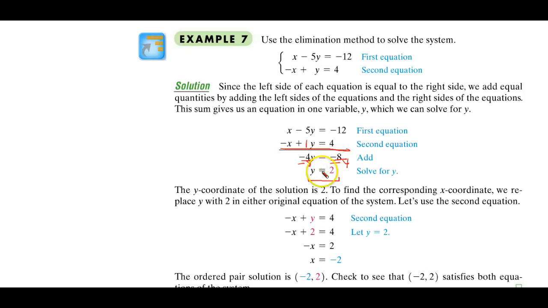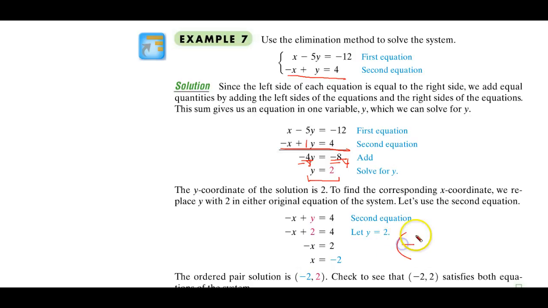Oh, we have one of the members. So we can use either equation, usually the easier one, which they're using this one. You're going to put the 2 where the y is. Now you're going to subtract 2 from both sides, or transpose. And then you get negative x equals 2. But you want a positive x. Well, you can just divide both sides by a negative 1, or just change both signs.